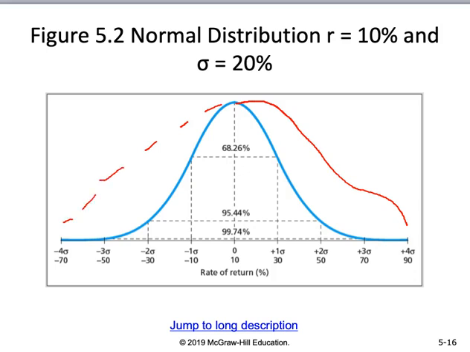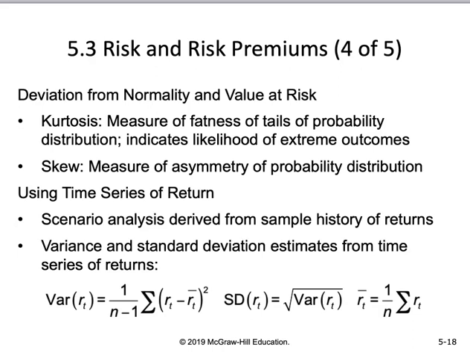So we've got a fatter left side or right side, and negative skew would have this kind of curve on the left side, but we'd maintain the normal kind of distribution on the right side. That's negative skewness.